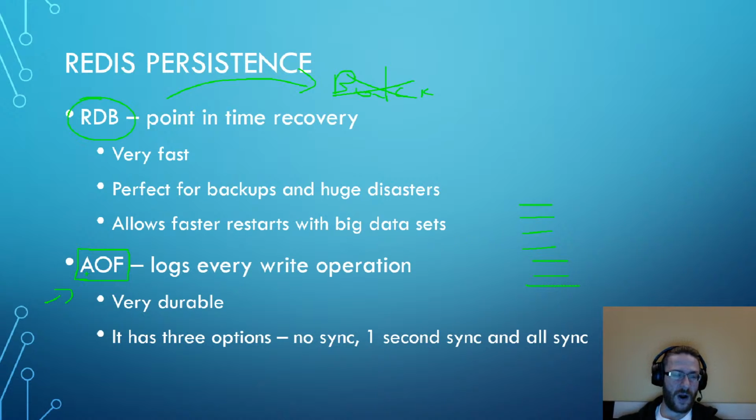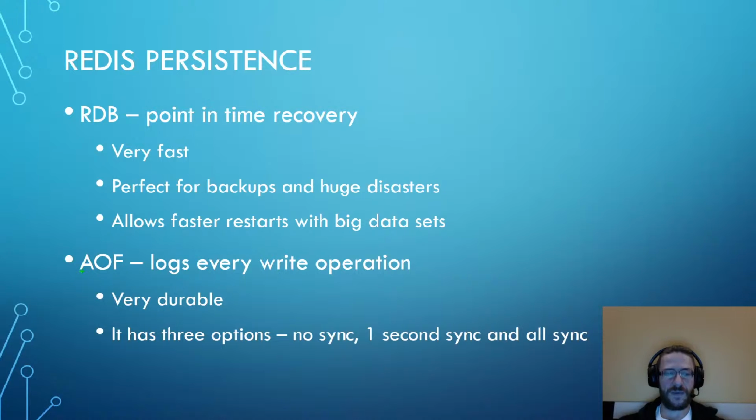And the AOF option has 3 settings. The first setting is don't synchronize, which means leave the operating system to synchronize the file with the hard drive. That means that on most Linux machines it will be 30 seconds. You can say I want to synchronize on the hard drive every second.